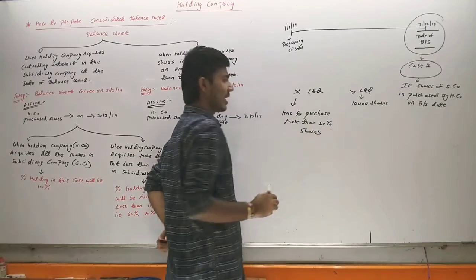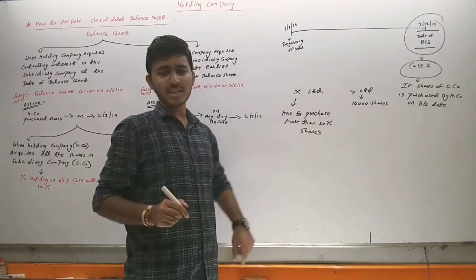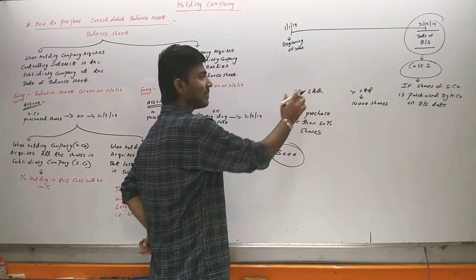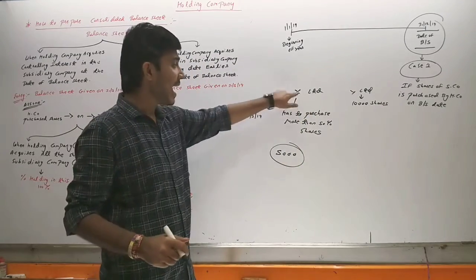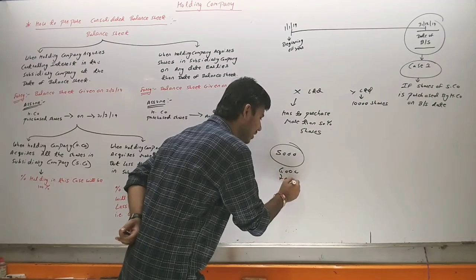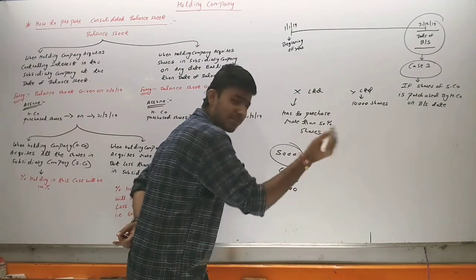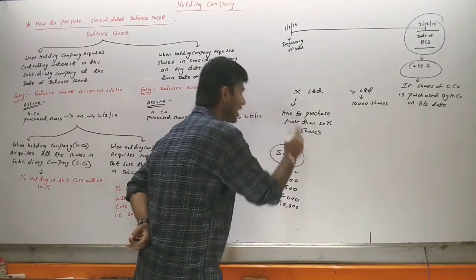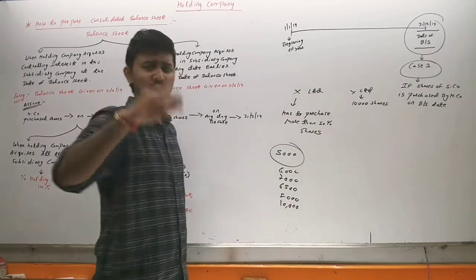If we take 50% of 10,000, it will be 5,000. So if X Limited wants to become a holding company, X Limited has to purchase 6,000 or 7,000 or 6,500 or 8,000 or full 10,000. X Limited can also purchase all the shares of Y Limited.